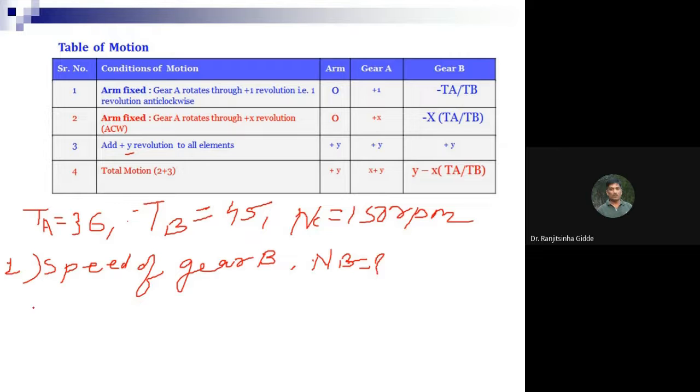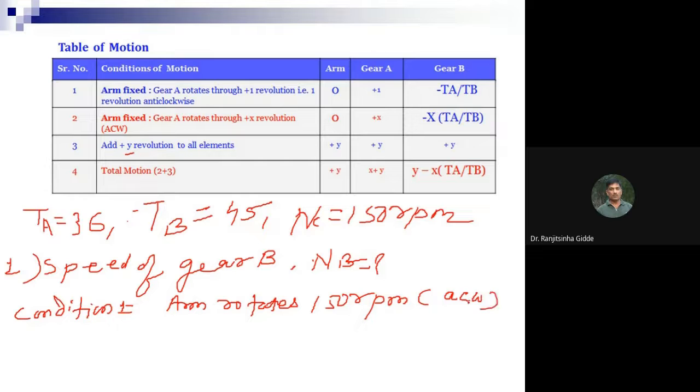How to find out? For this, they have given two conditions. Condition 1, the arm rotates 150 RPM anticlockwise direction. So therefore we are going to write y is equal to 150.